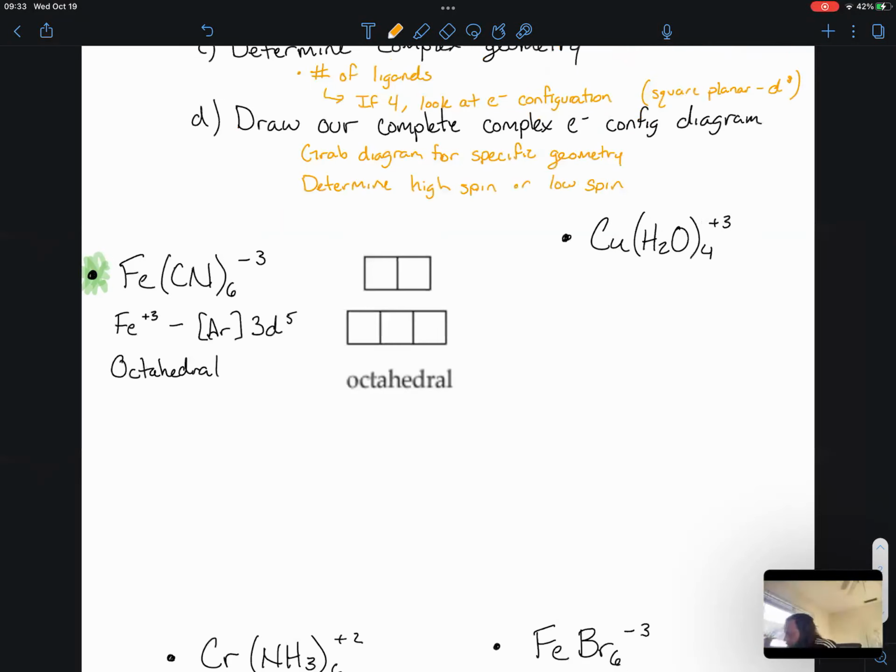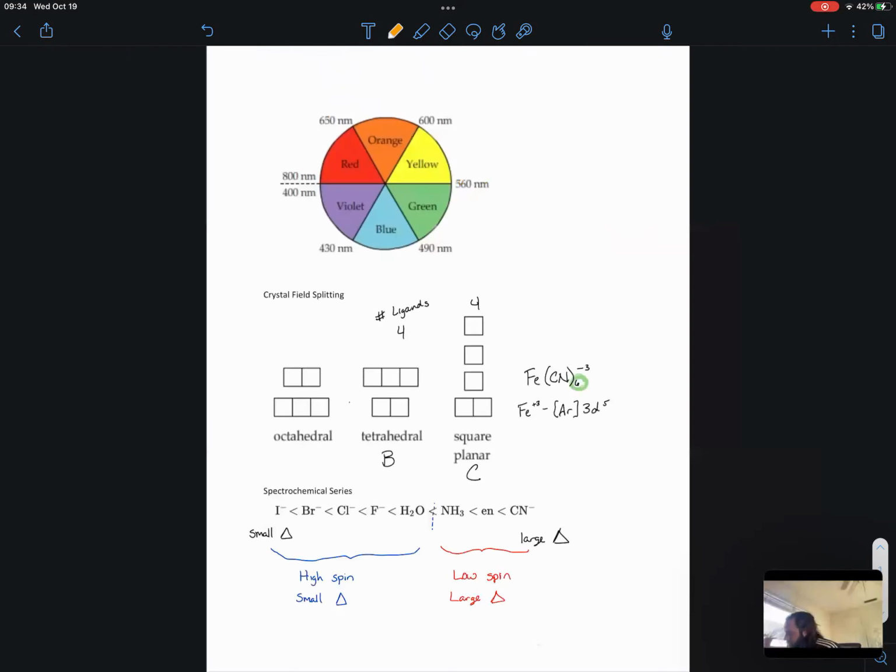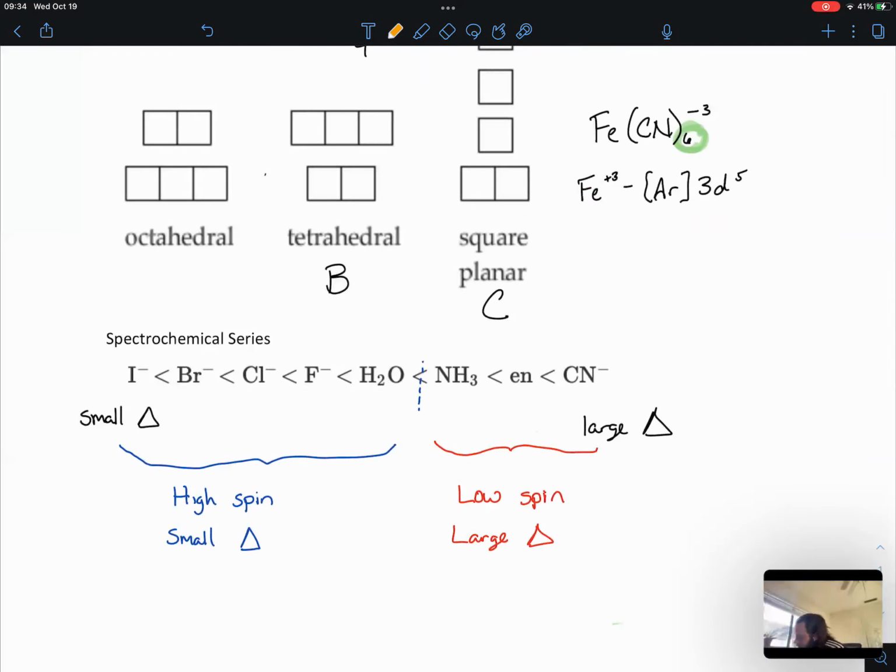And specifically for octahedrals, it's going to depend on the ligand. So I got to go to my table and see where the cyano ligand falls on my spectrochemical series. This is the one with the largest splitting energy, meaning it's a low spin complex.